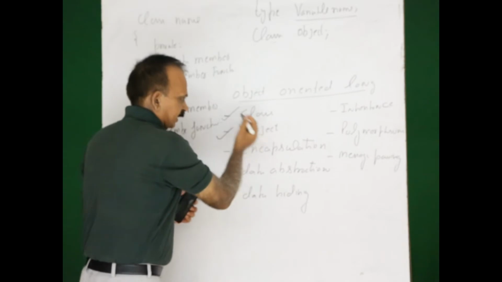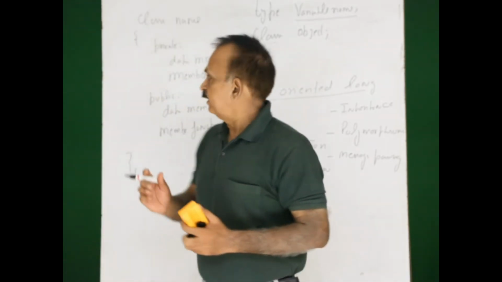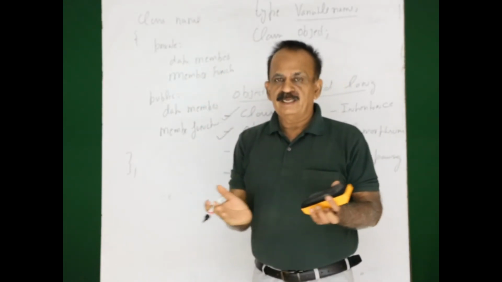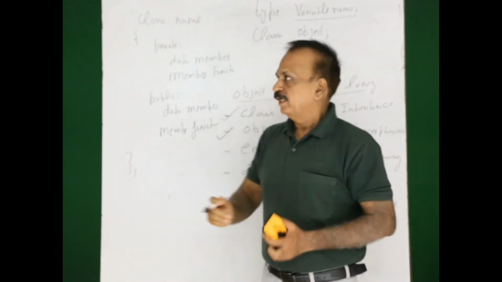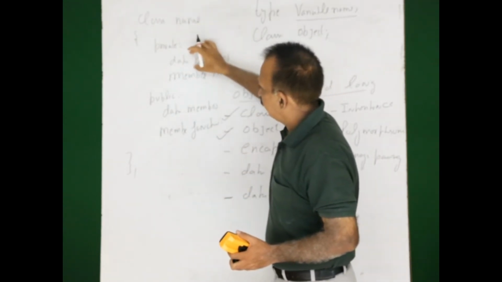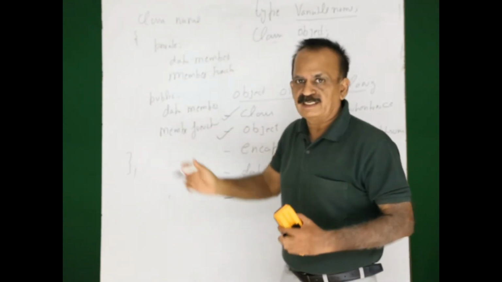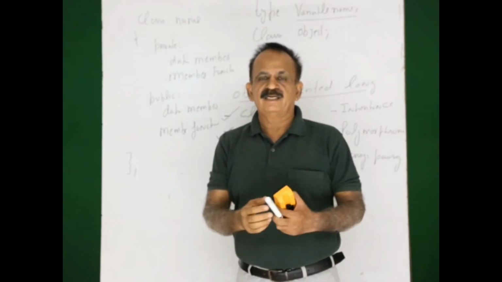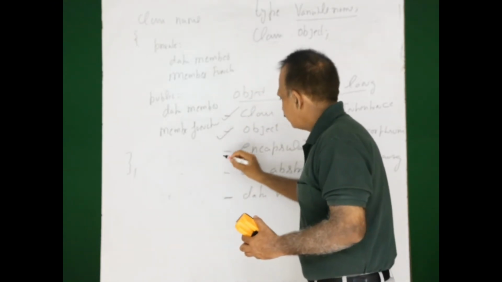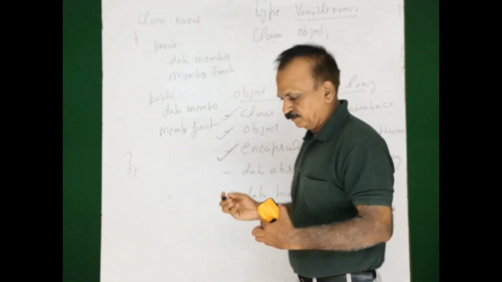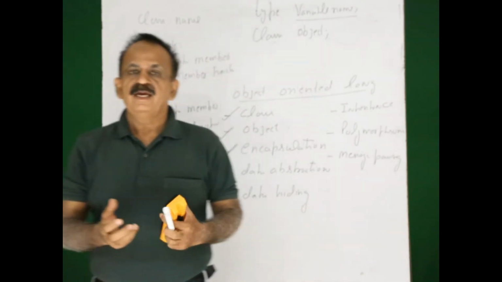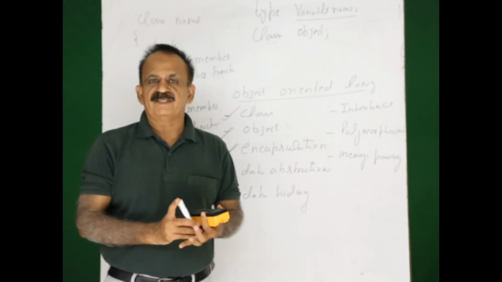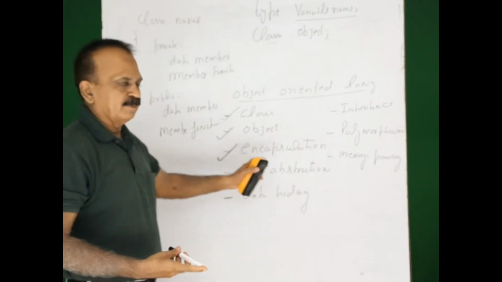Now in both class and object, what we say is that data and the functions, these two are wrapped into a particular structure. Now in the class, data members are there as well as member functions are there. So data and functions are wrapped into a single structure that is known as a class, and this concept is known as encapsulation. So encapsulation is wrapping the data and functions into a single structure. This is basically what is called encapsulation.